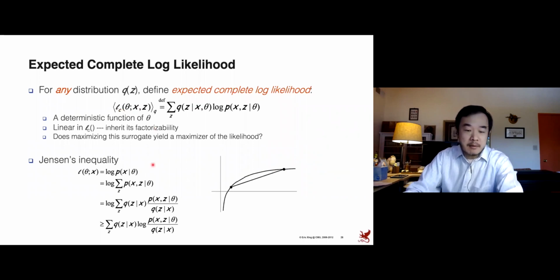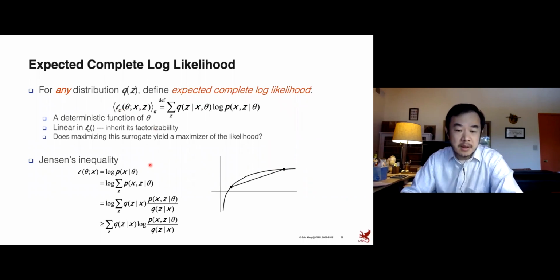And here, I want to introduce an important concept so that you can establish this term versus the incomplete likelihood I just introduced. This concept is known as Jensen's inequality.